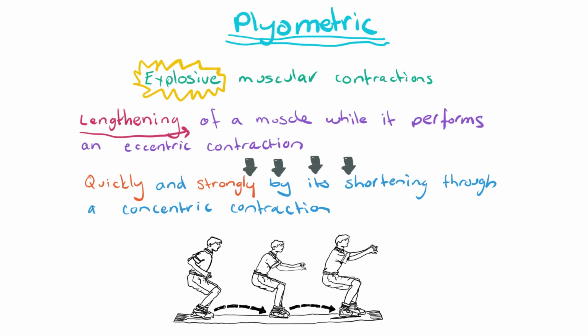Examples of plyometric training can include box jumping or hopping or bounding over a set distance, standing or long vertical jumps, and exercises that involve catching and throwing a medicine ball. So you'll see down here that the athlete is actually doing box jumps or jumps from one place to another, which allows the lengthening of a muscle to perform and then also the shortening as well.